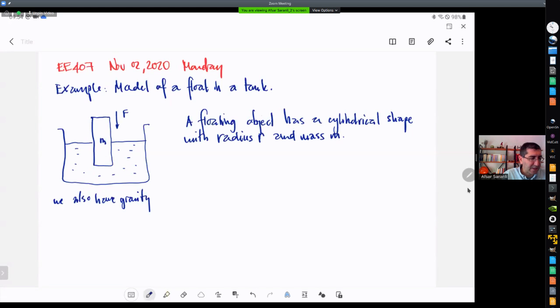So that means we have basically a cross section of this object with a radius r. Okay, and therefore a surface of it. So radius r.